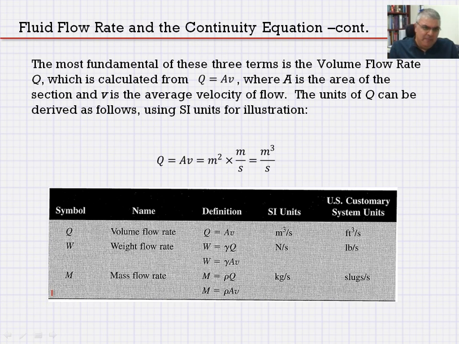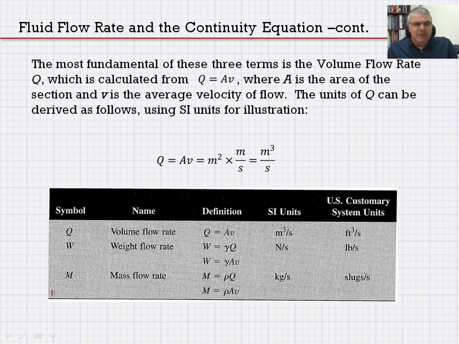First, let's start with Q. It's the most fundamental form of the three types, Q, M, and W. It's called volume flow rate. It is calculated by simply calculating the velocity of the flow at that particular section and multiplying that by the cross-sectional area. That's how we measure the volume flow rate.